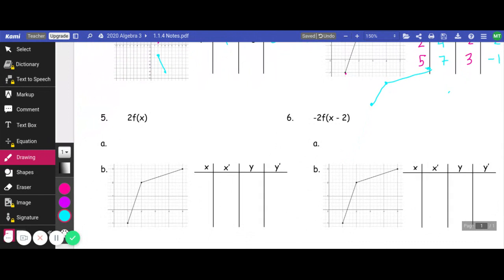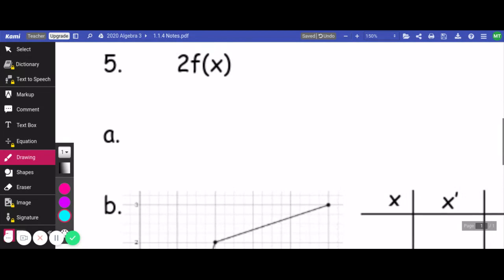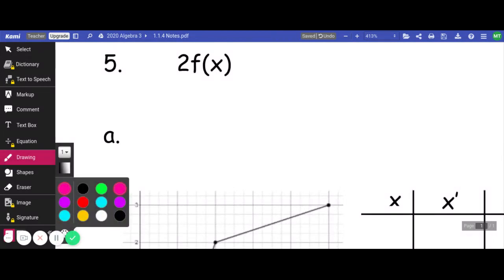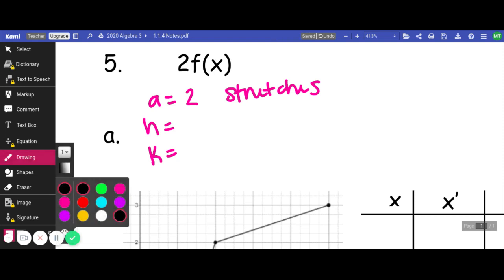Here is another one. And it's going to be off the graph again because I didn't do that well. All right, so A is 2. So that means it stretches. Actually, let's change this to 1/2.